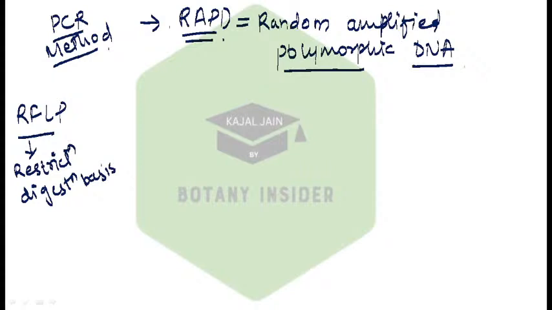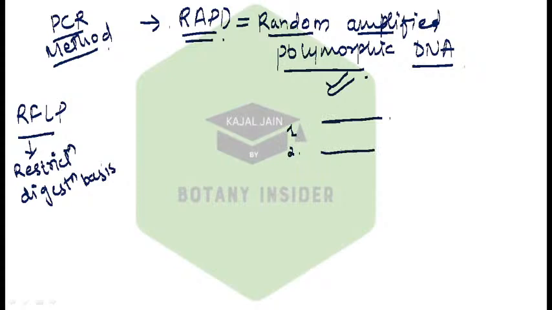From the name of it, it suggests that it is random amplified polymorphic DNA. First of all, what polymorphic means, in the previous class also, I've told you that the DNA portion in one organism and in the next organism is going to be different.